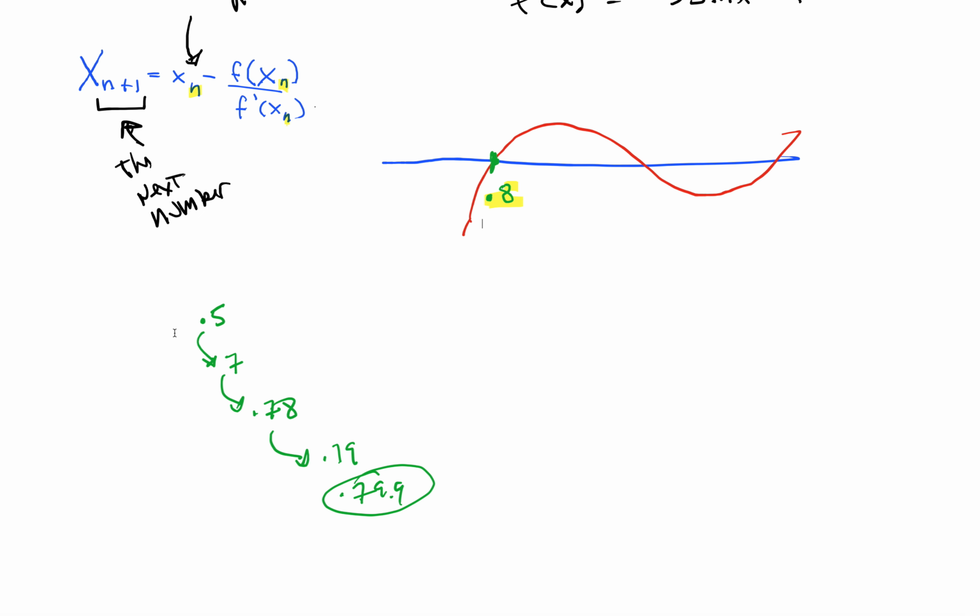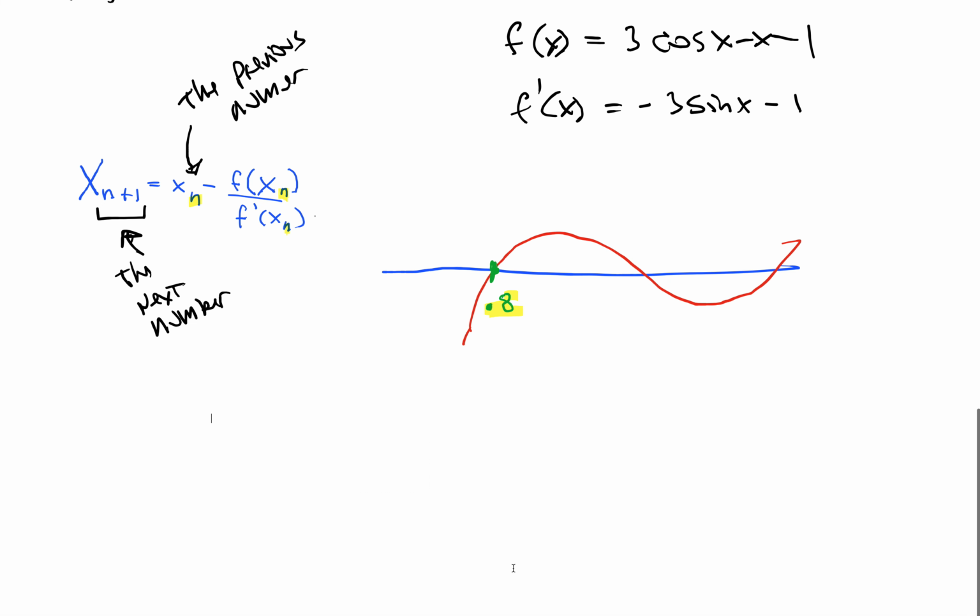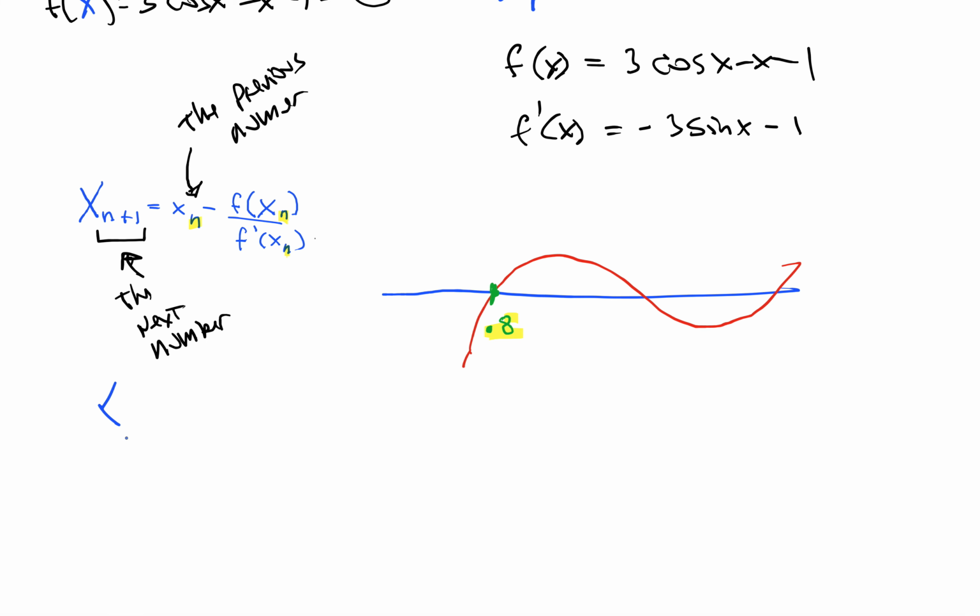Okay, you're kind of getting it. And so yeah, we're going to go ahead and we want to find the next number. So we're going to do x2. That's our next number. x2 is equal to our previous number, which we guessed.